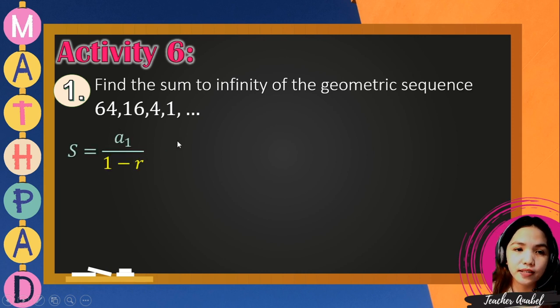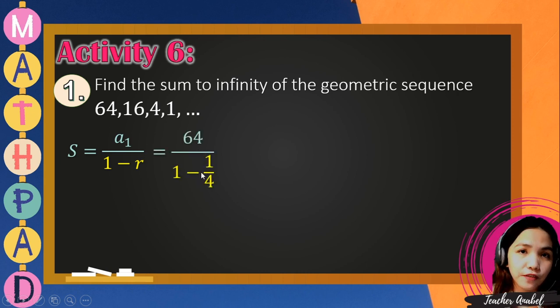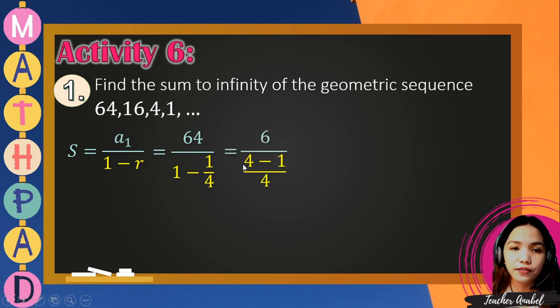A sub 1 is 64 and r is equal to 1/4. This is a complex fraction, right? So, we have to solve first the denominator. To solve for the denominator, we need to find the LCD. And LCD is 4. So, 4 times 1 is 4, minus 4 divided by 4 is 1 times 1 is 1. So, 4 minus 1 is equal to 3 over 4.